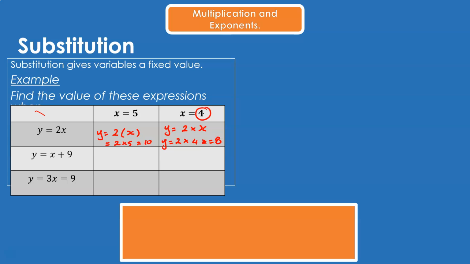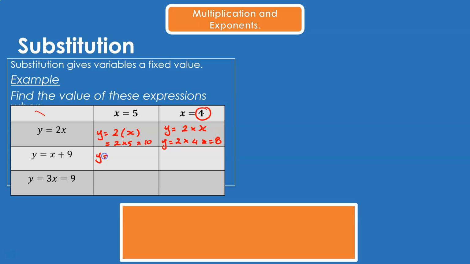So when x is equal to 5, that expression is equal to 10. When x is equal to 4, that expression is equal to 8. So you can see the reason why this is called substitution. You are just replacing the letters with the numbers, and then it becomes a BEDMAS question. With y equals x plus 9, that's even easier.